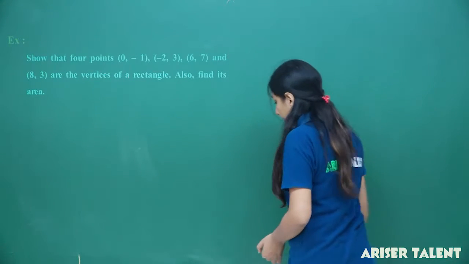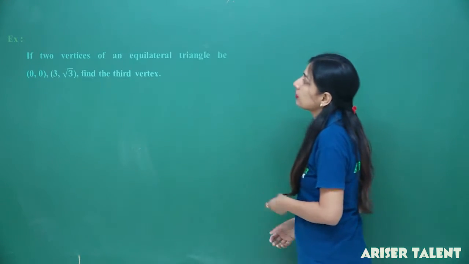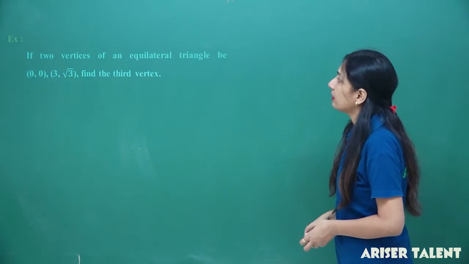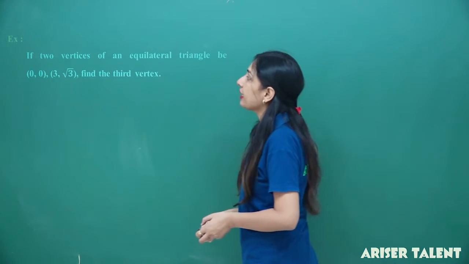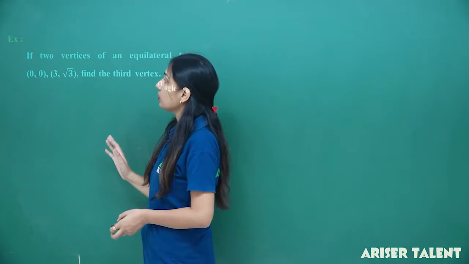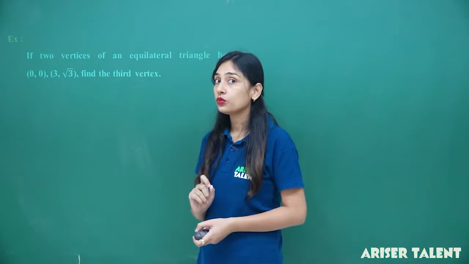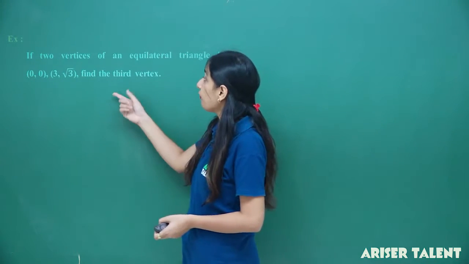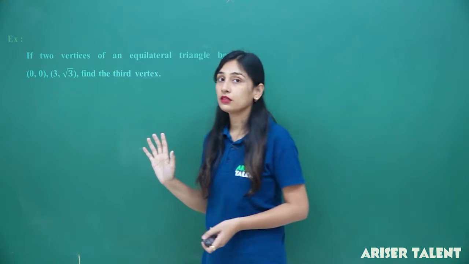Now, next. If two vertices of an equilateral triangle are 0, 0 and 3, root 3, find the third vertex.